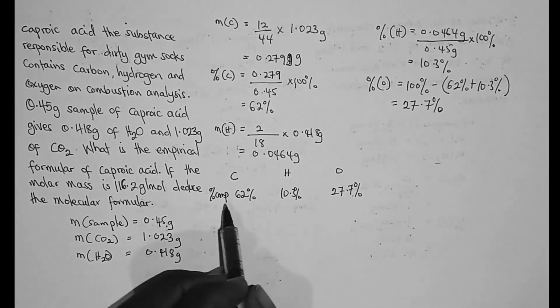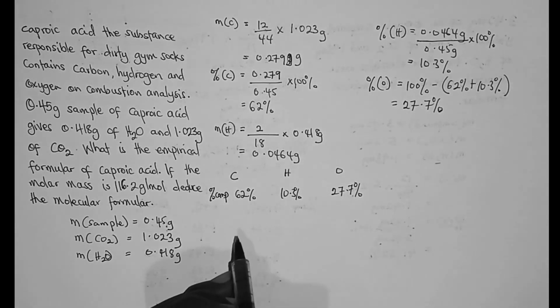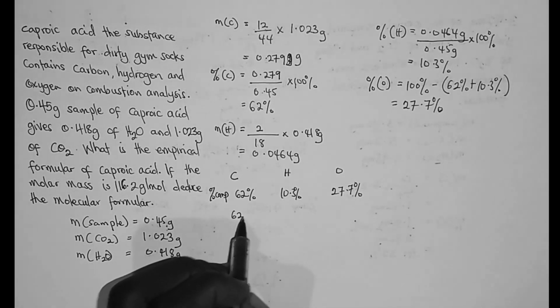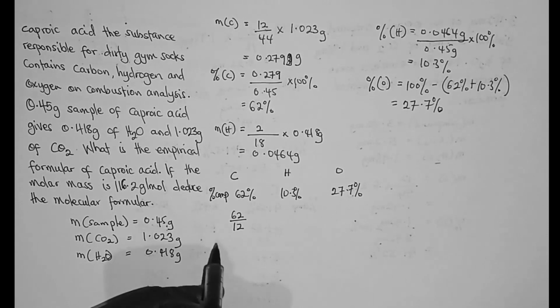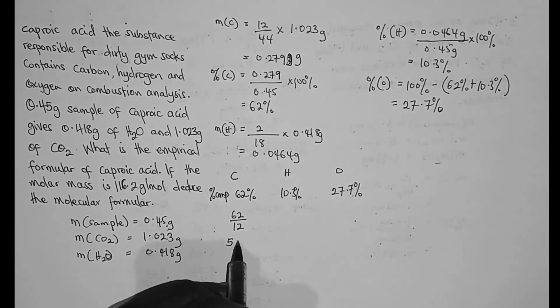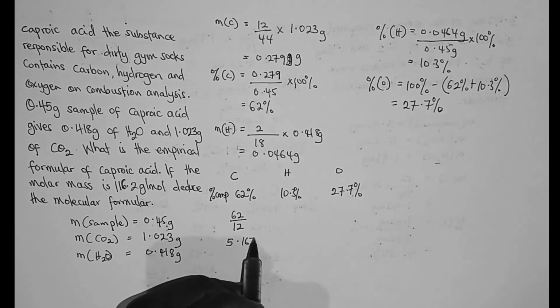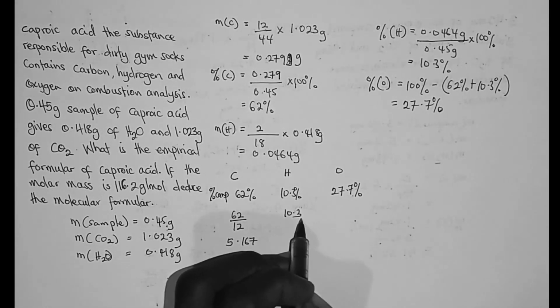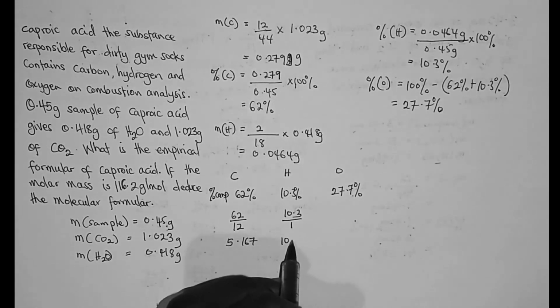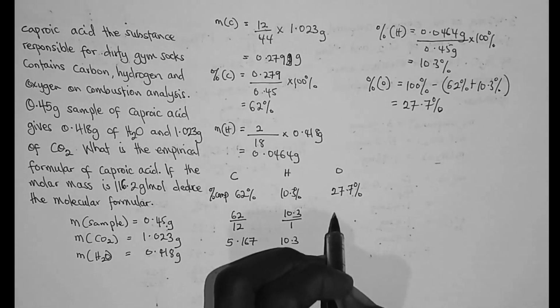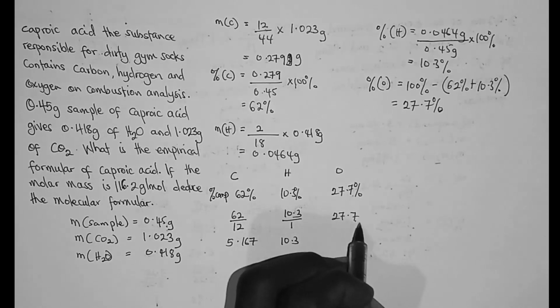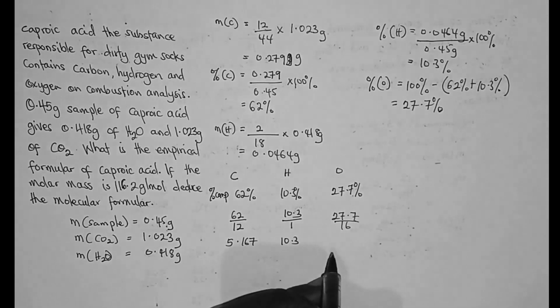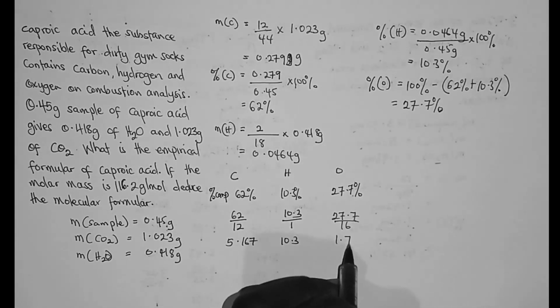So take each of them and then divide by their atomic masses. So in the case of carbon, it is 62 divided by 12, and that is equal to 5.167. And then in the case of hydrogen, it is 10.3 divided by 1. That will give us 10.3. And then oxygen is 27.7 divided by 16. And that is equal to 1.7.